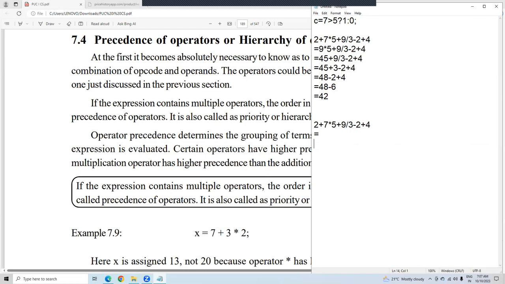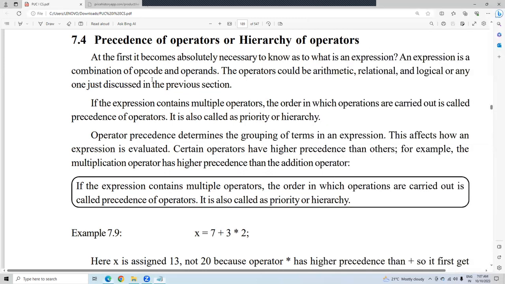The same thing is adopted in programming languages also. That is called what? Precedence of operator or hierarchy of operator, and some associative rules are also adopted. Precedence of operator says in the equation, if more than one type of operator is included, then which operator has to be manipulated first.